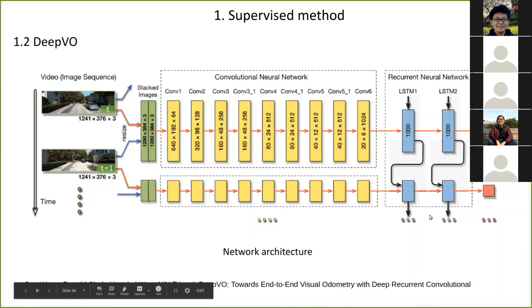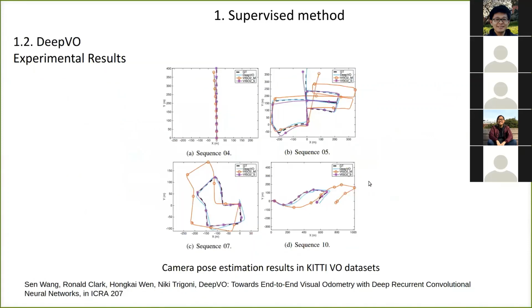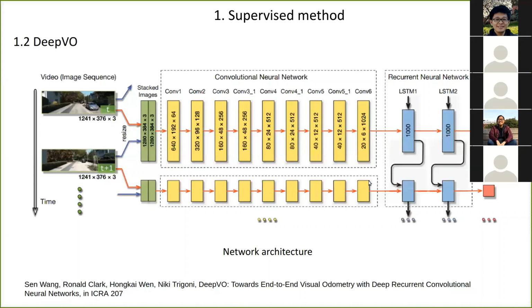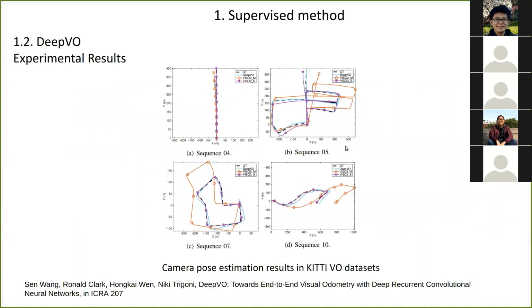So as a result, because they use the information of two adjacent image frames, they can improve the camera pose estimation compared with this PoseNet that we previously introduced. Okay.